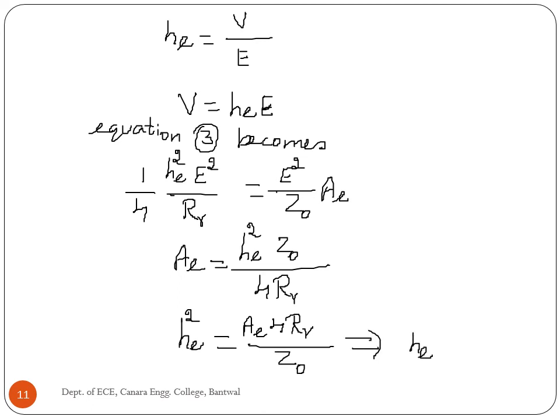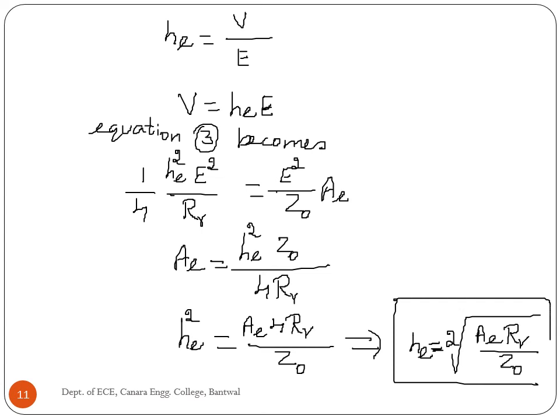Therefore, effective height is equal to 2 into root of AE RR divided by Z0.